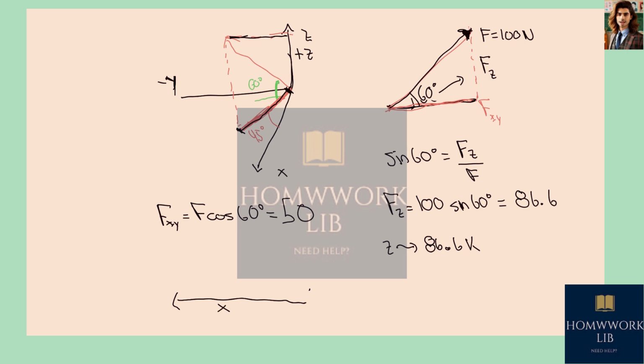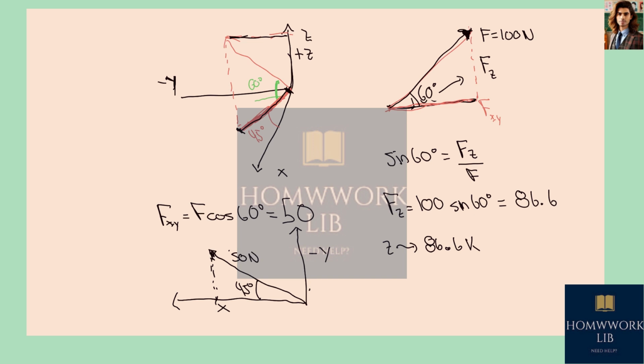So now let's redraw this new line in order to get the x and y components. Here we have the x direction, over here we have the minus y direction, and we have a vector that has a magnitude of 50 newtons. And we know that the angle over here is 45 degrees. So this new drawing is the same as if I were saying that I am looking at the original picture from above, from the positive z axis.